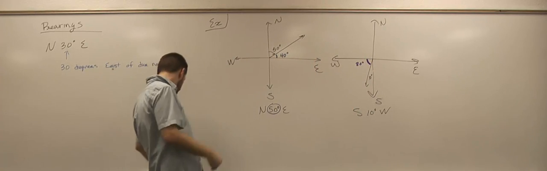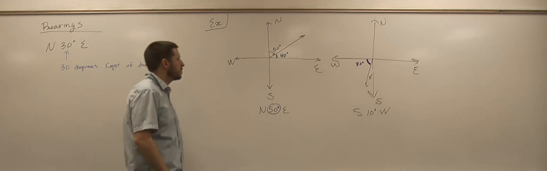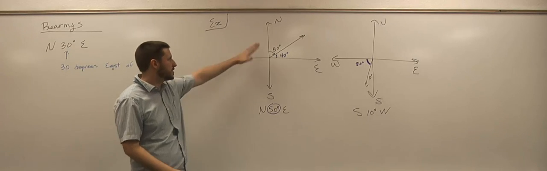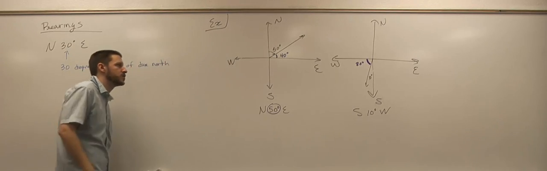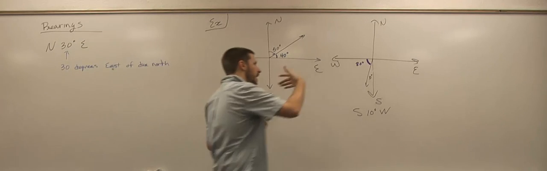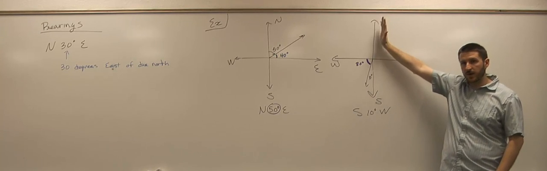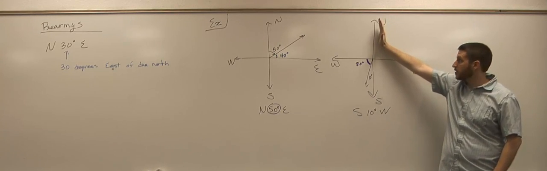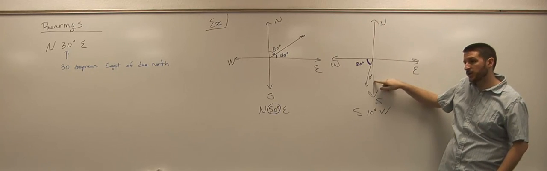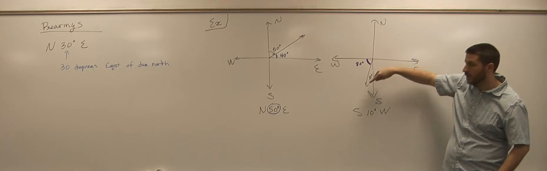Now, depending on where you get your bearings from, planes use bearings, boats use bearings, GPS uses bearings, latitude and longitude. This is a lot like latitude and longitude, which is where the idea comes from. But some bearing readings will only deal with north. They'll only reference north, and then it'll just say up to 180 degrees east of north or up to 180 degrees west of north.